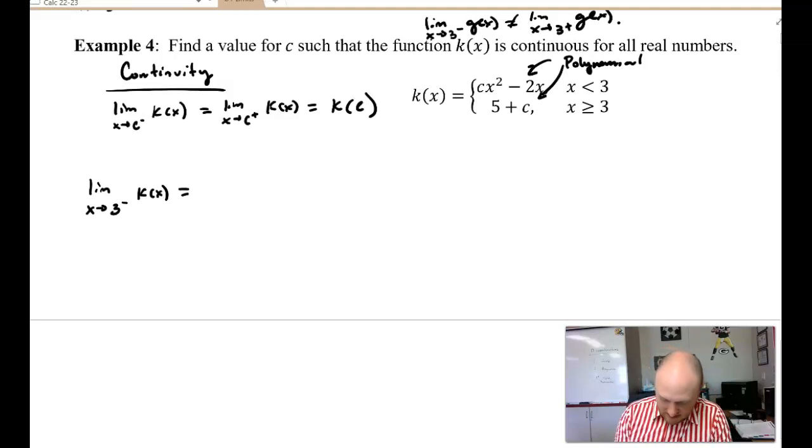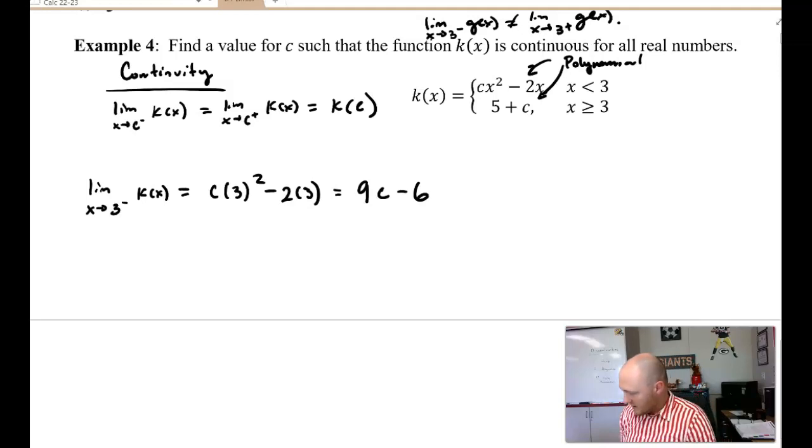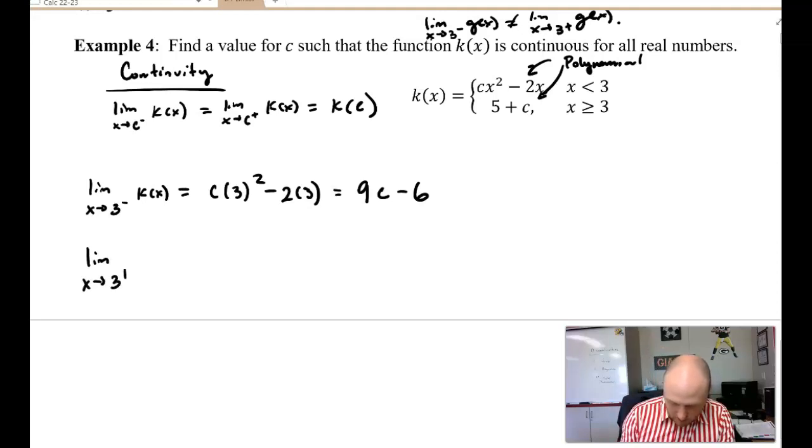If I plug that in, that's c times 3 squared minus 2 times 3, and this looks like it is 9c minus 6. I want that to be equal to the limit as x approaches 3 from the right of k of x.